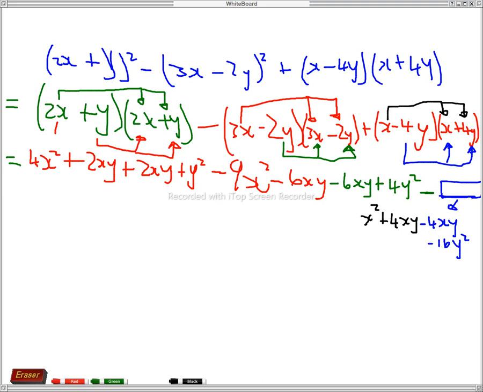So when we proceed now, I'm going to take things step by step. Let me look at this first part here. On this first part, I need to add the like terms, you understand. When I add the like terms, I'm going to have 4x squared, and 2 plus 2.